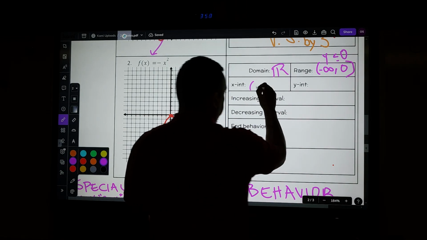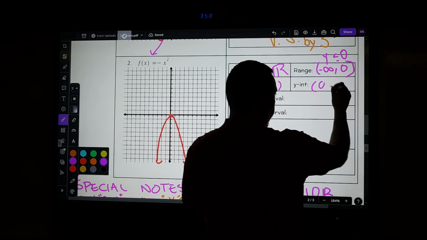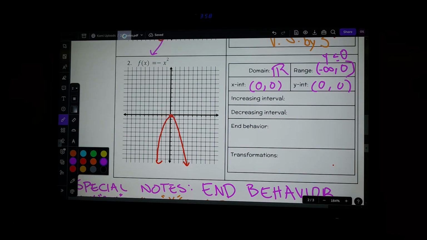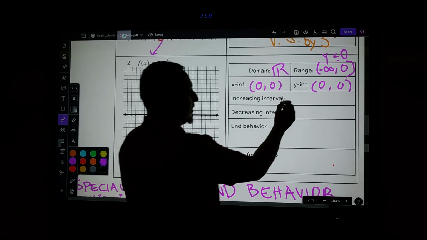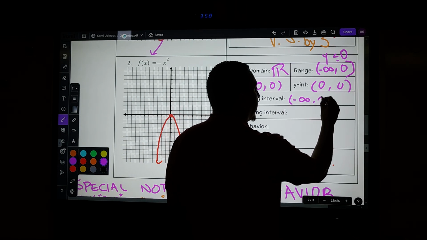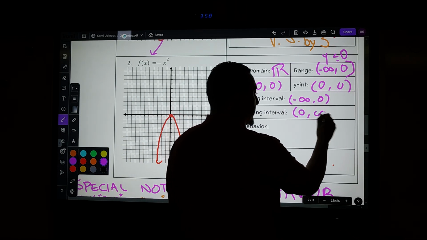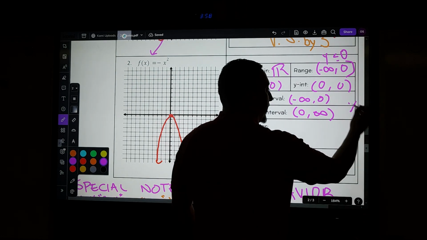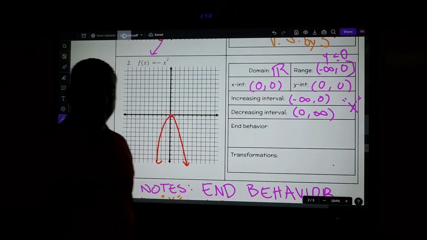Okay, x-intercept, y-intercept, they both happen in the middle. This one is increasing and decreasing. It's increasing on the left side, and then it's decreasing on the right side. Right? And you write it with the x, so you might put it on here with the x. Okay, you're looking at the x.